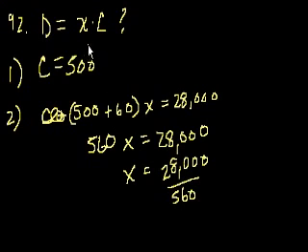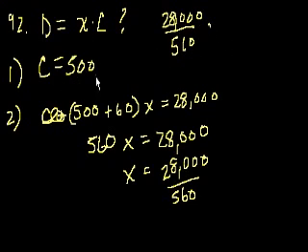So the amount that was expected to be donated would be that x, whatever that number is, times the number of cars that were expected to be sold, 500. And actually, you have to have statement 1 there. So both combined, when I use both pieces of information, it definitely works.